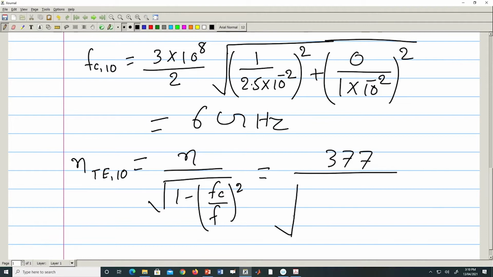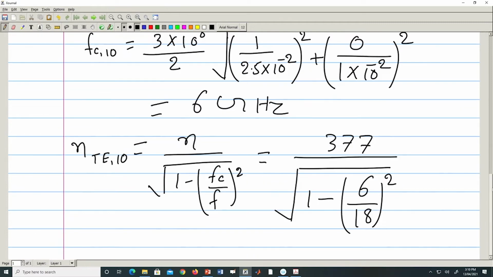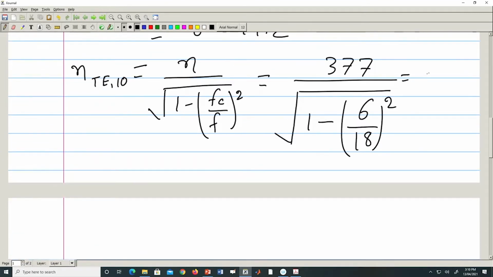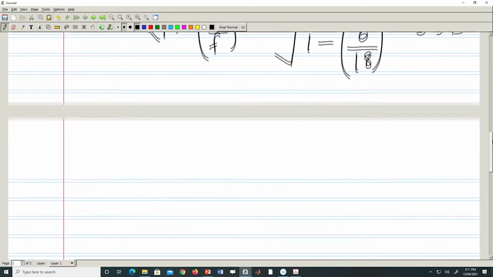Given operating frequency is 18 gigahertz. So, from this we will get, in the denominator part it will come 377 divided by the square root of 1 minus 6 by 18, it will come 0.943, and the answer for TE10 mode will be 399.87 ohm.